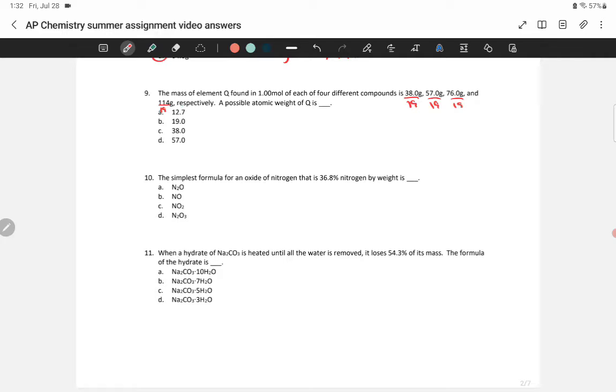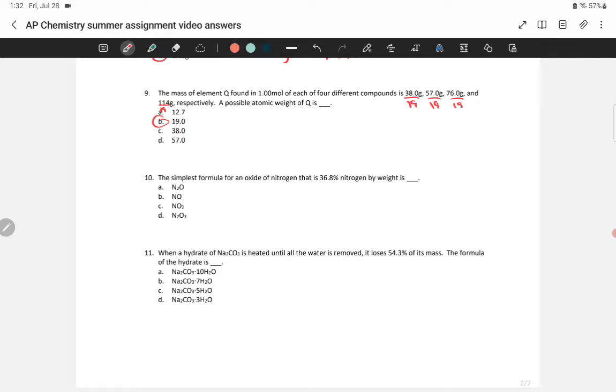If you try this with the other 3, 12.7, 38.0, or 57.0, you're not going to get a whole number. So that means it's not divisible and it can't have those different masses. So that's why I like answer B.